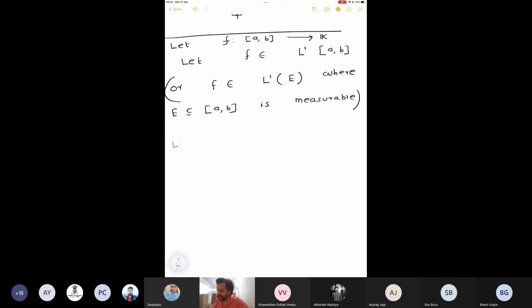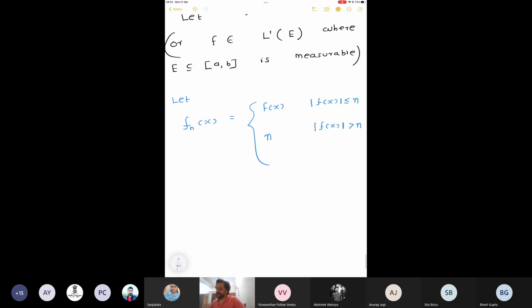Let me define a sequence of functions. fn(x) will be f(x) if |f(x)| is less than or equal to n, and it is n if |f(x)| is greater than n. It's actually a truncation of f.